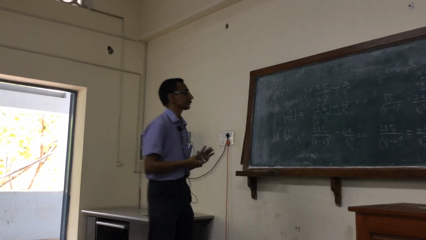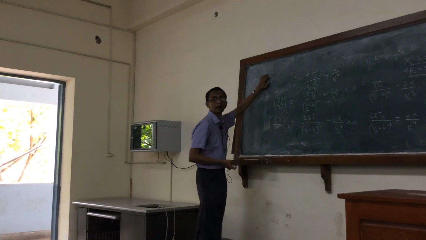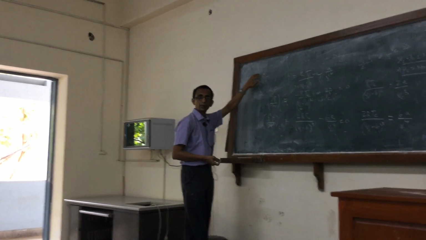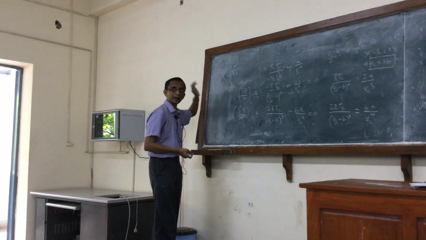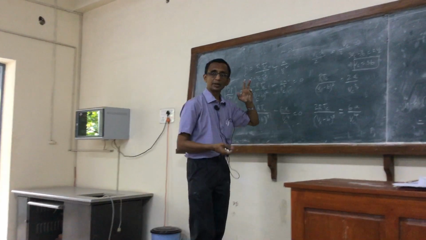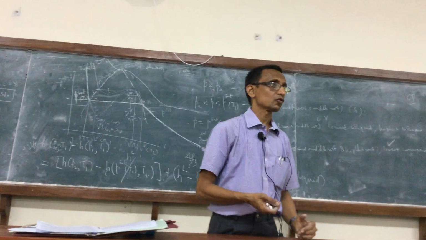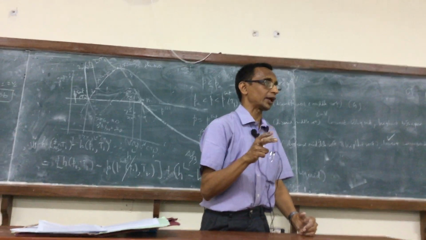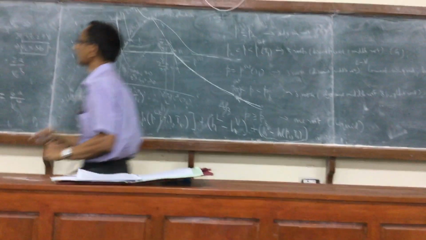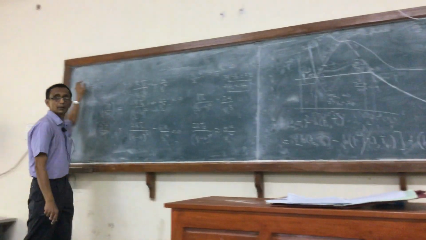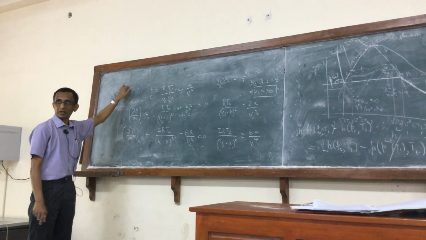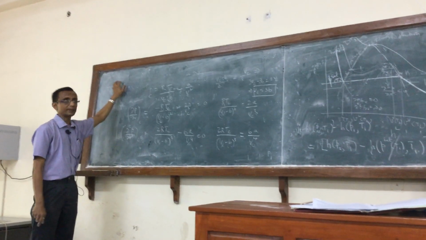What this says is that the critical volume, the critical pressure, the critical temperature are given in terms of the parameters A and B by this. So if I give you a value of A and B, I can find out the critical properties.